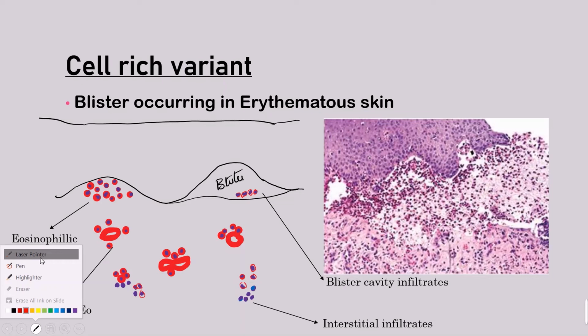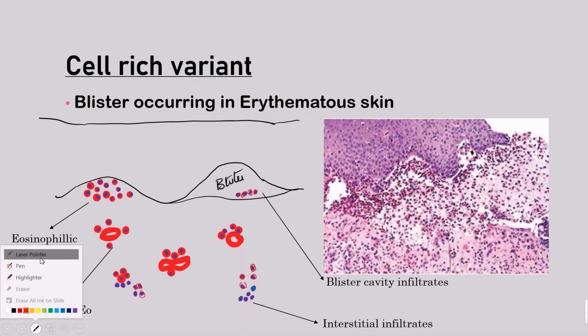Now the cell-poor variant, on the other hand, is actually a blister in relatively normal skin. We can see the blister here. We can see this blister space between the basal keratinocytes and the upper dermis, and there will be scant inflammatory infiltrates. Even though the photo shows a lot of inflammatory infiltrates, it's actually not that.